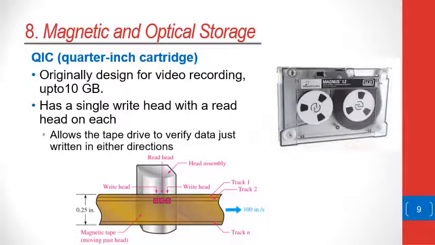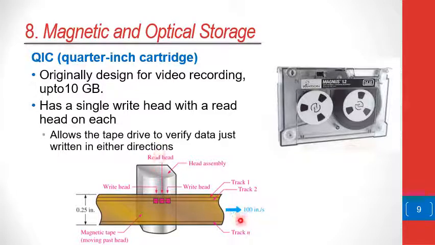The QIC, which is the quarter-inch cartridge, looks like this. So it's the basic structure of the tape itself. It was originally designed for recording video, with a capacity of up to 10 gigabits. It has a single write head with 2 read heads on each side, and this allows data to be verified as the tape moves.